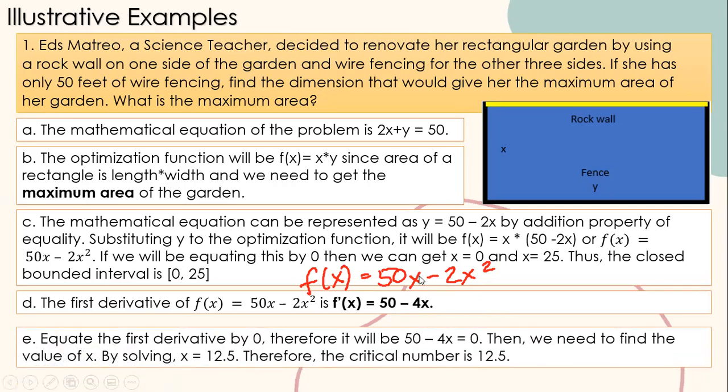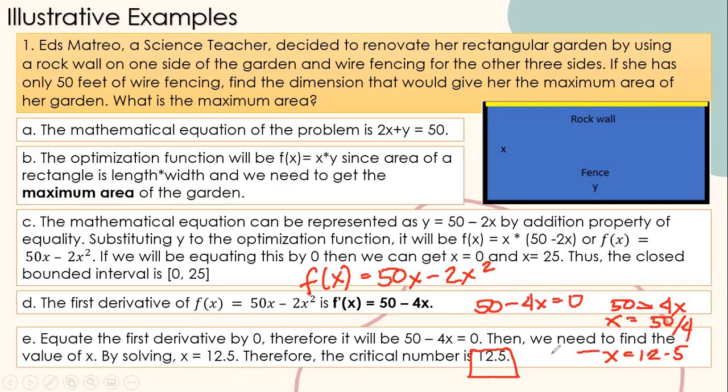Next step is to equate it to 0 and then find the value of x. Okay, by equating 50 minus 4x to 0, we get 50 is equal to 4x and then x is equal to 50 divided by 4. Okay, and we get the answer of 12.5.